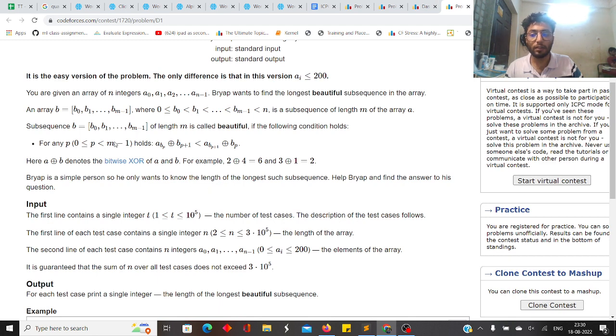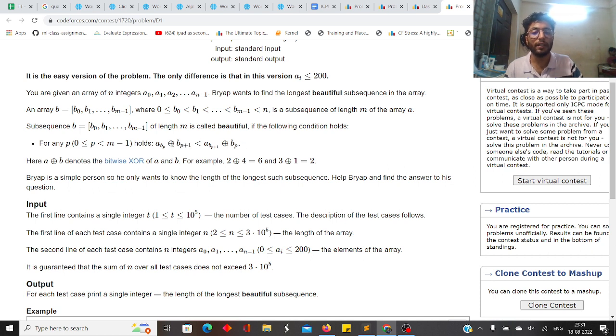Because if we see this expression, we have noticed that the maximum possible difference that I can achieve by XORing B(p+1) with A(B(p)) and B(p) with A(B(p+1)) is at most 256. So the difference in values of my B(p) and B(p+1) cannot exceed 256.